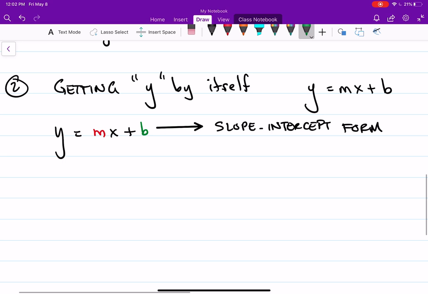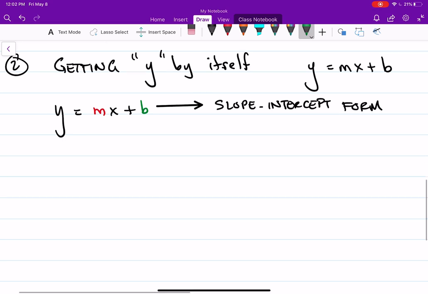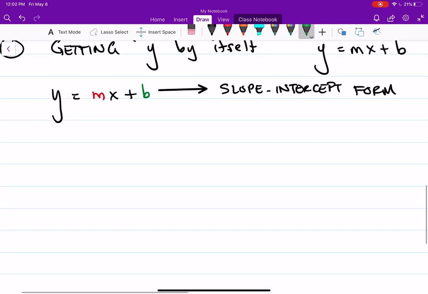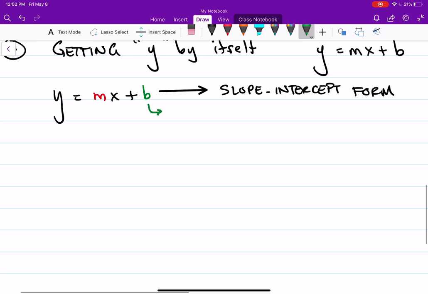So it's called slope intercept form because the b is my y-intercept. And y-intercept is actually a corner point, 0, comma, your b value.